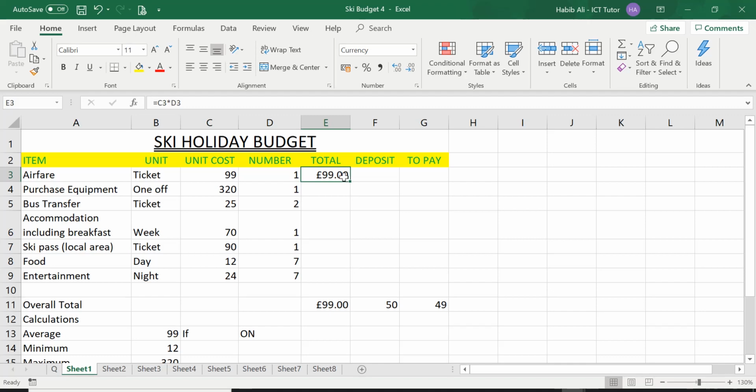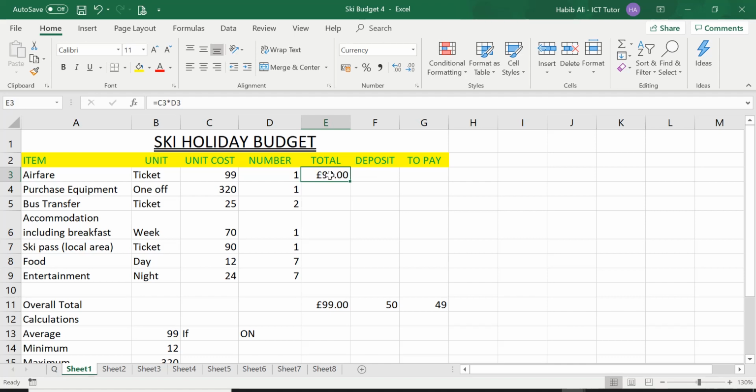Whether it's a formula or a function, when we replicate from one cell into other cells, this is when we need to decide whether the cells in the formula need to be a relative reference or an absolute reference. So before we get into all of that, let's understand what a relative reference is.